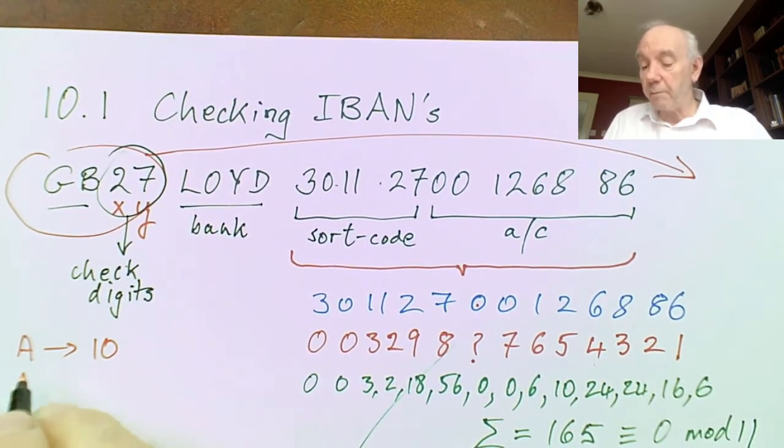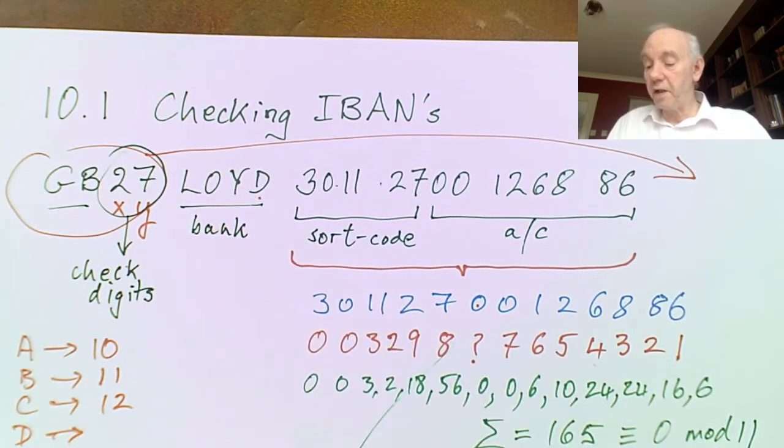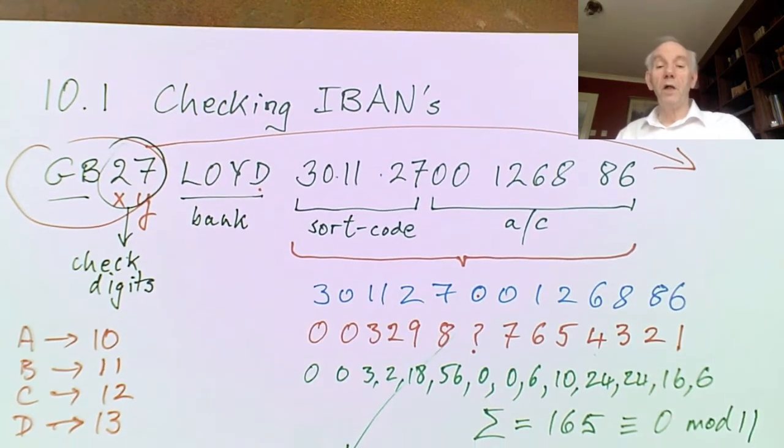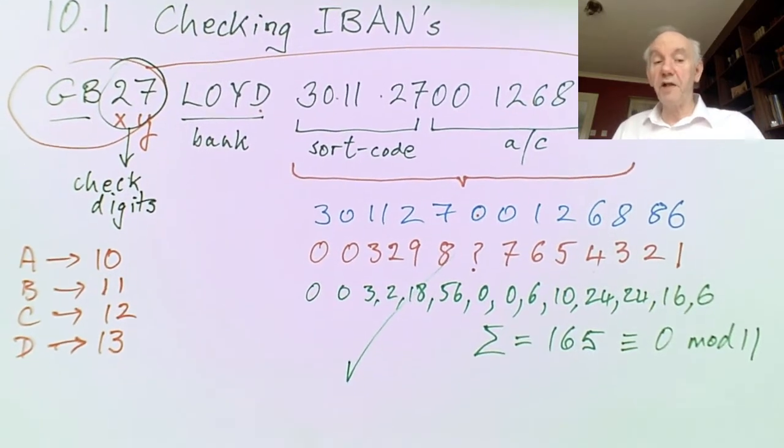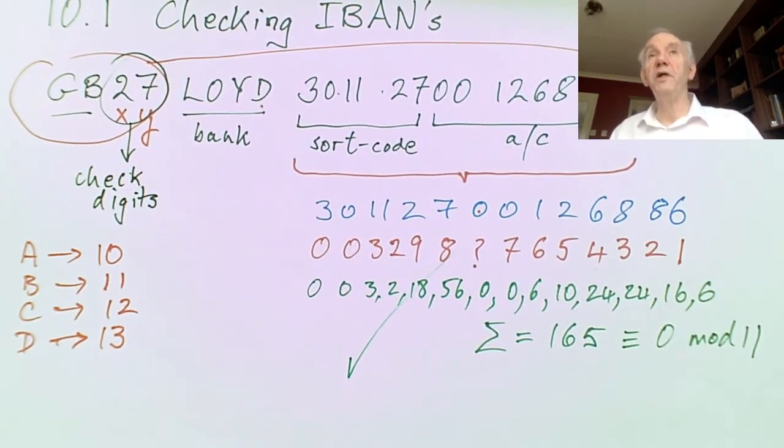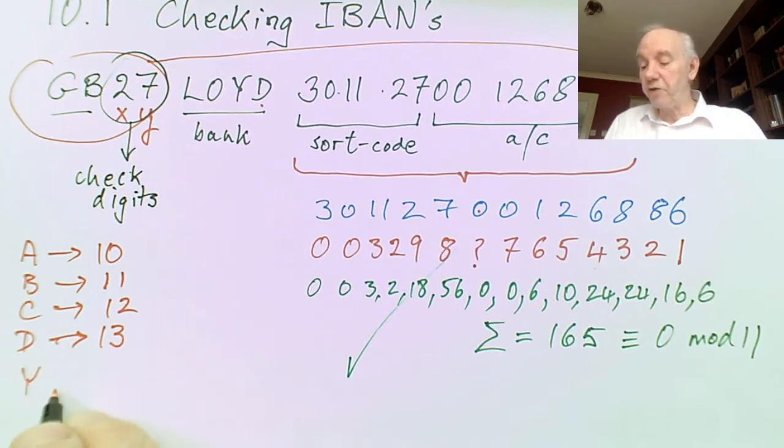So B becomes 11, C would be 12, I'll go as far as D because we do have a D here, D would be 13, and so on. We're going to have a Y as well. Well, if you get to the end of the alphabet, Z would be 26 plus 9, 35. So Y is going to be 34.